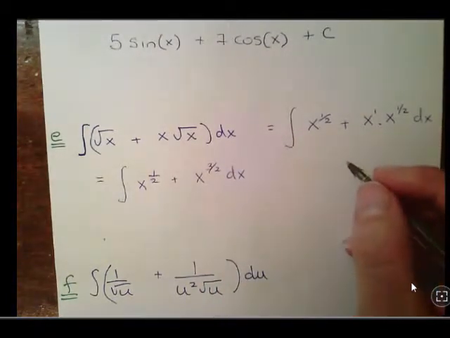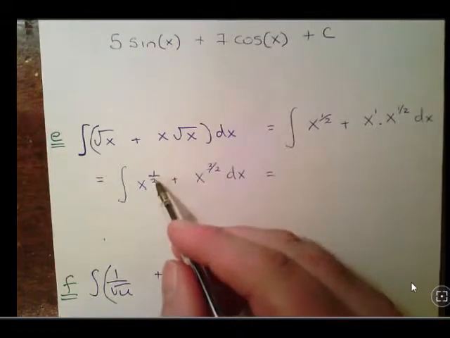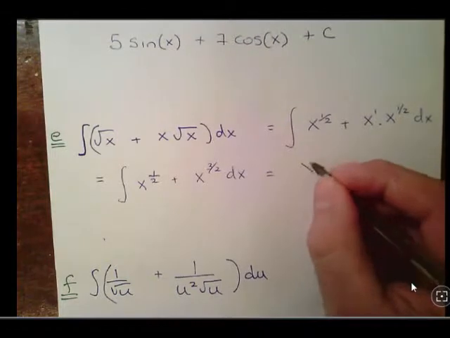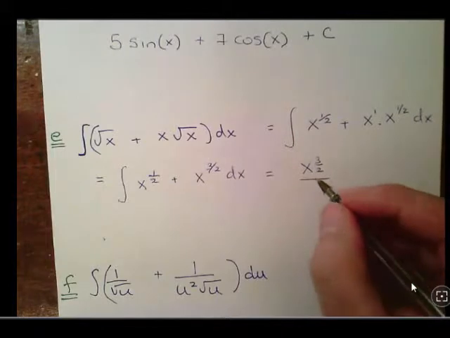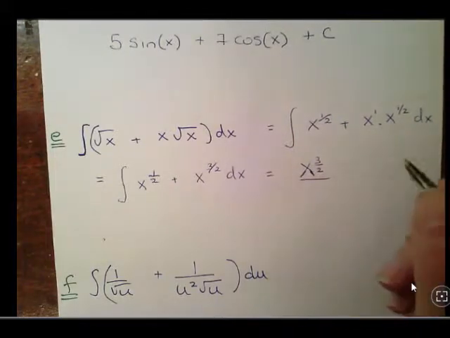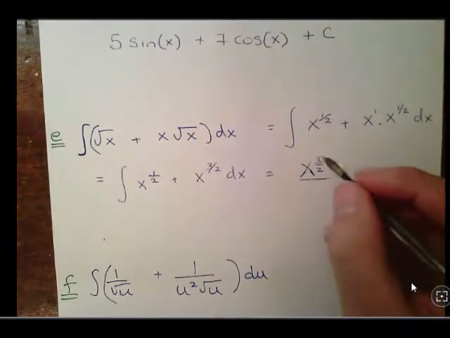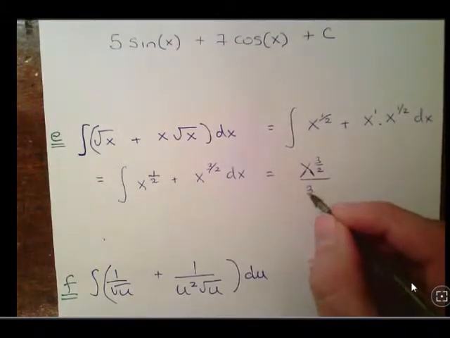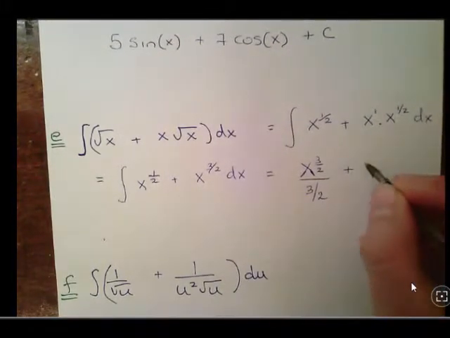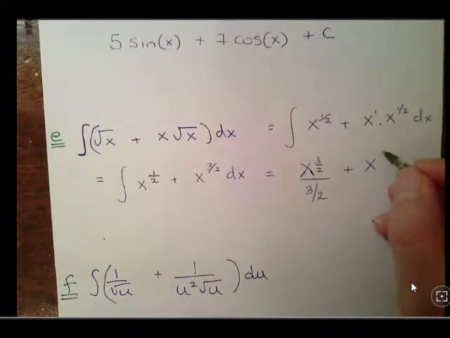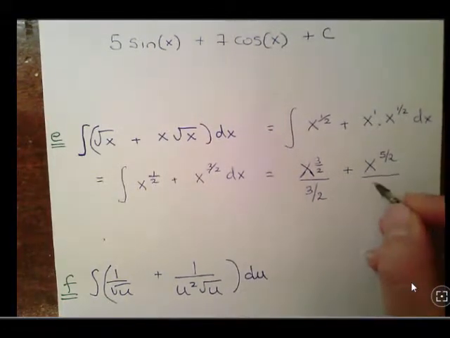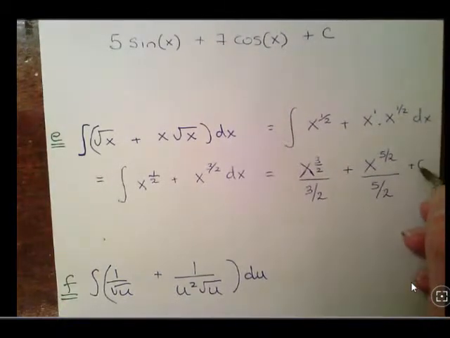Now we can use the power rule. In this case, n is equal to 1/2, n plus 1 is equal to 3/2. So that's x to the power of 3/2 over 3/2, plus x to the power of, in this case we have 3/2 as n, n plus 1 of that is 5/2, over 5/2, plus c.